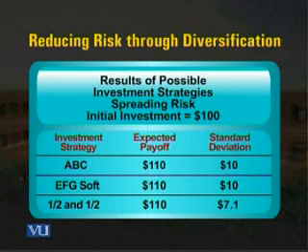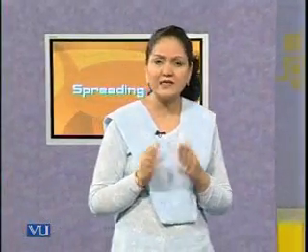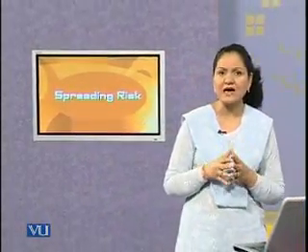Overall, when we compare these 2 strategies, strategy number 1, where we are trying to hedge the risk, there we were trying to find out 2 different firms where the outcomes are moving in the opposite direction, payoffs are moving in the opposite direction, but these 2 firms are related.